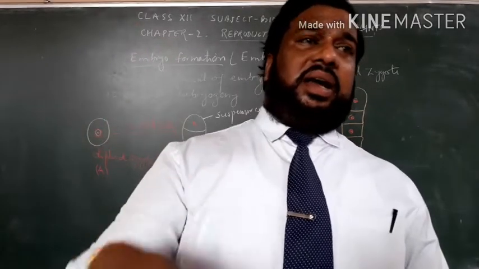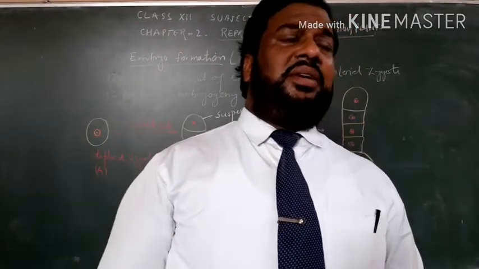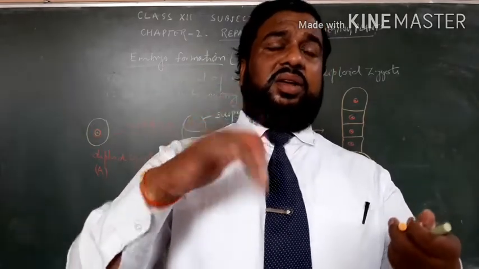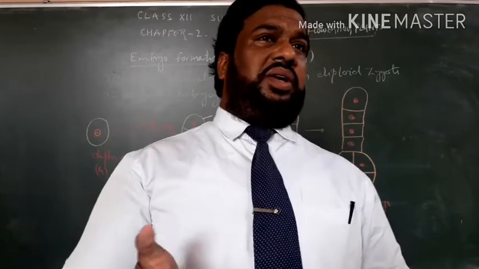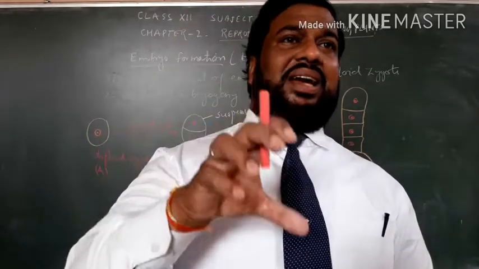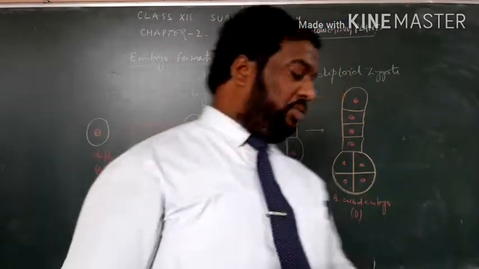Now upper cell again divides transversely but lower cell divides periclinally. So it forms an 8 cell globular embryo.